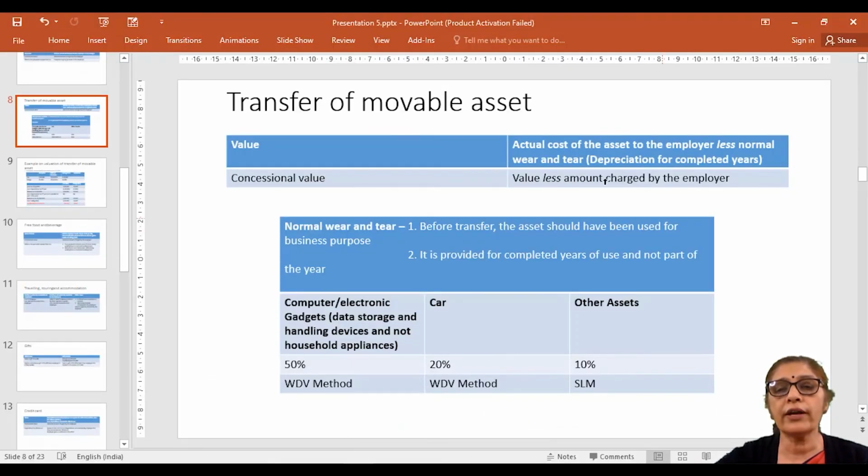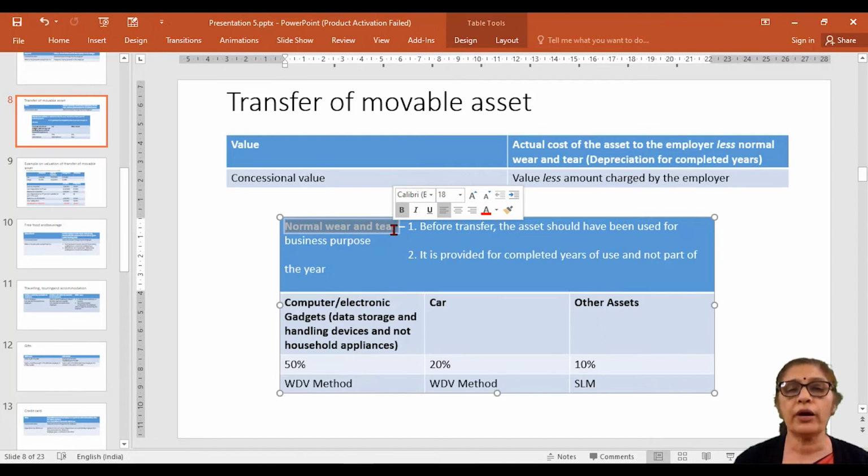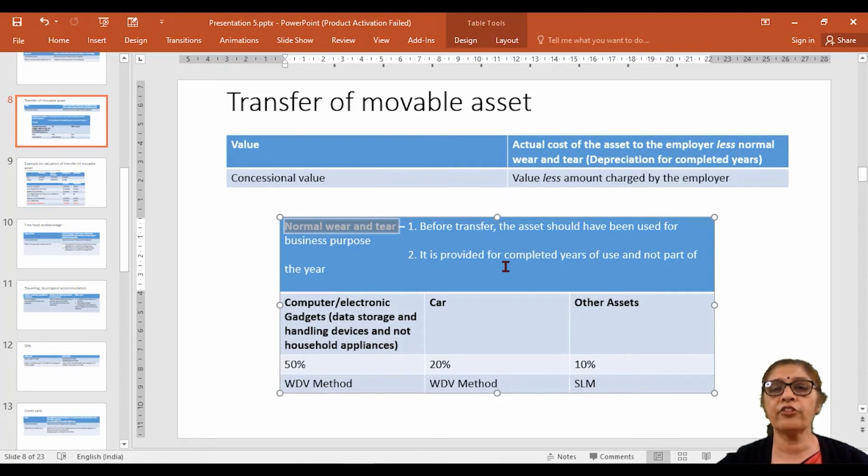So keeping that in mind, this is how we find out the value of movable asset in case of transfer. We shall first find out the wear and tear, depreciation. That is till the time it is transferred, it is used by the employer for business purpose, official purpose. And it is provided for completed years and not part of the year.